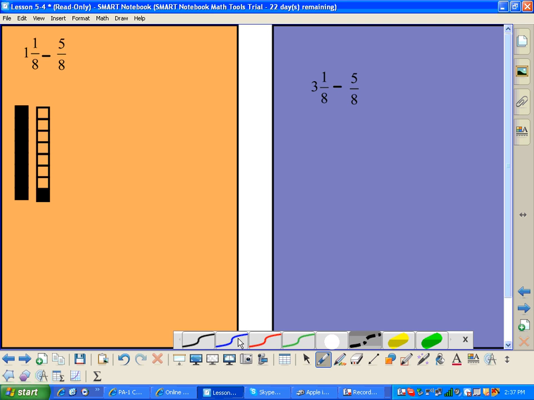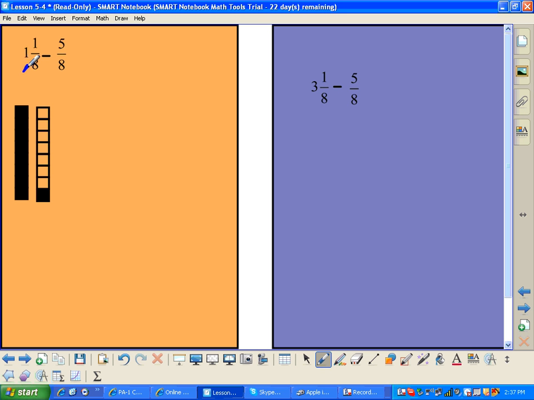So now we took this whole and we converted it. We exchanged it. So now we have 0 wholes, but we have 9/8. Pardon the sloppy writing. I apologize.